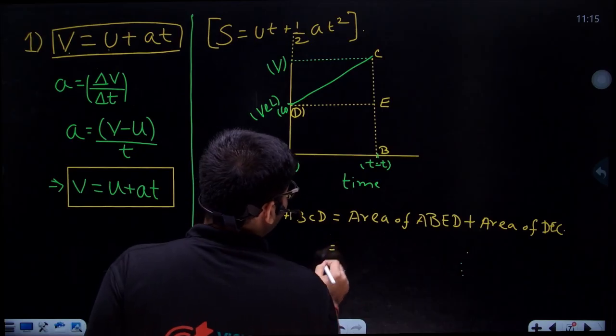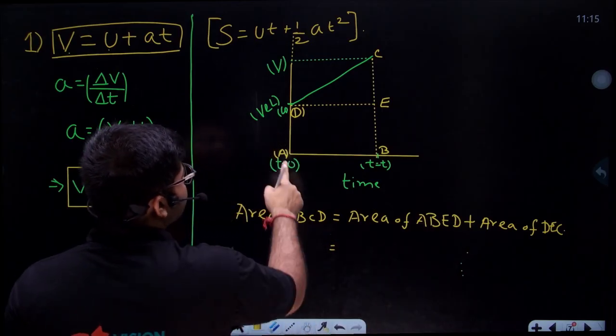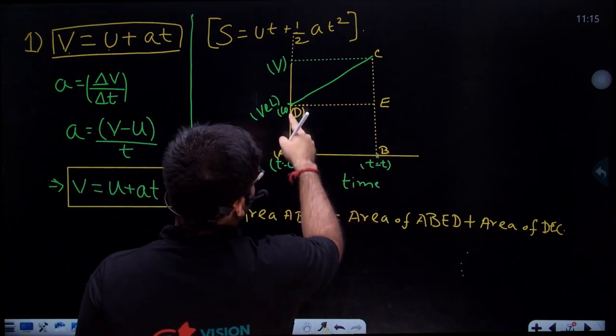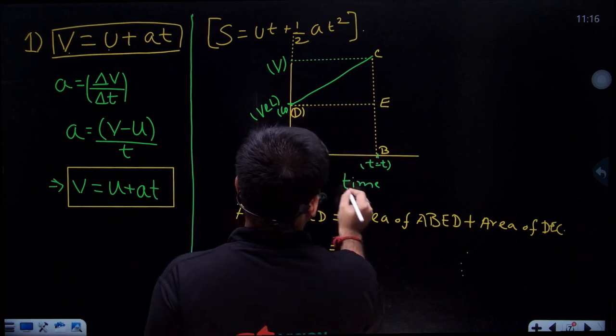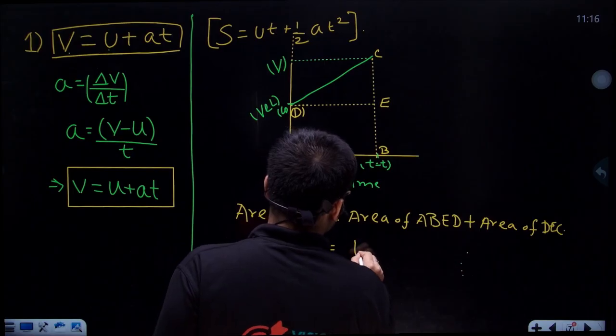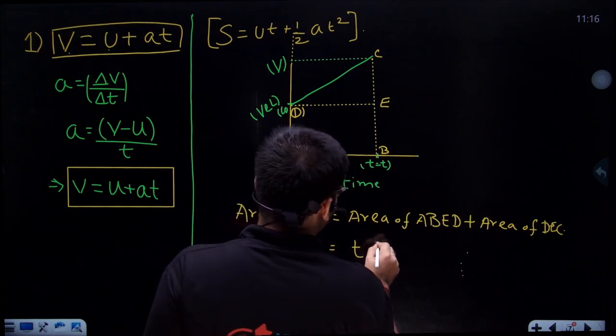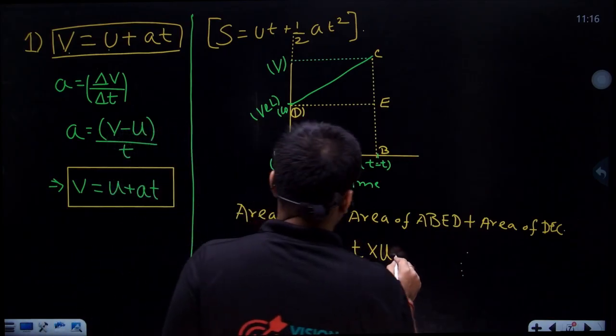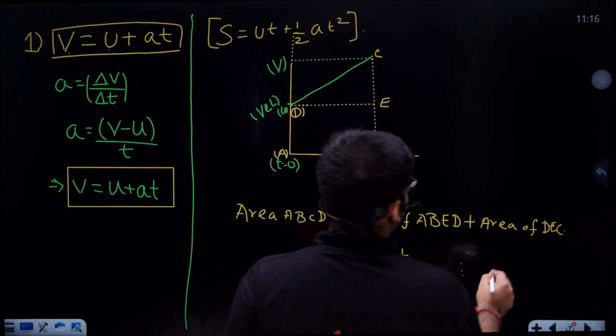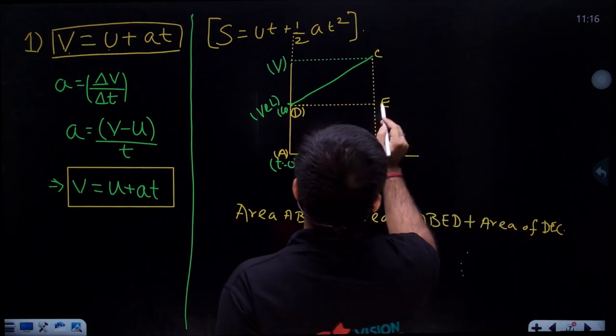Now, what is going to be the area of this rectangle? That is going to be length into breadth. The length is nothing but t, and the breadth is u, plus the area of triangle DEC.